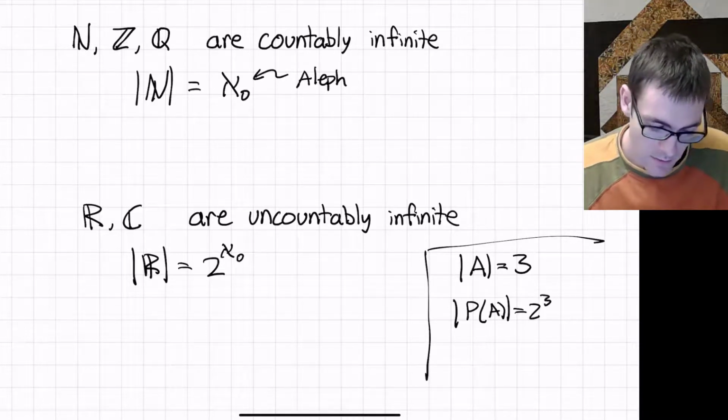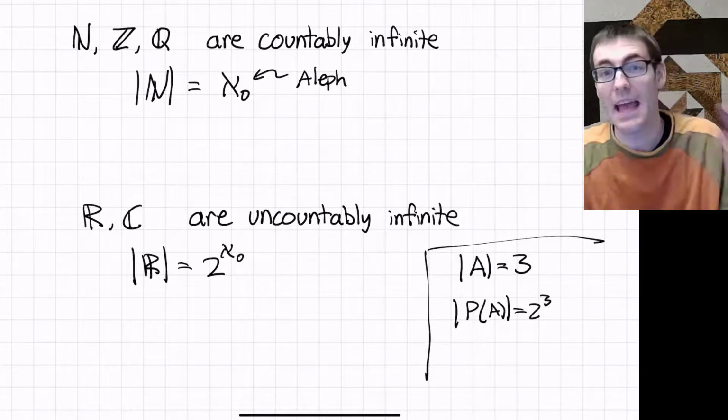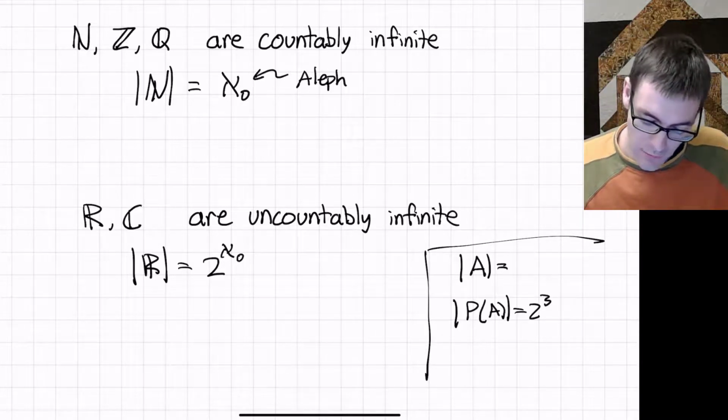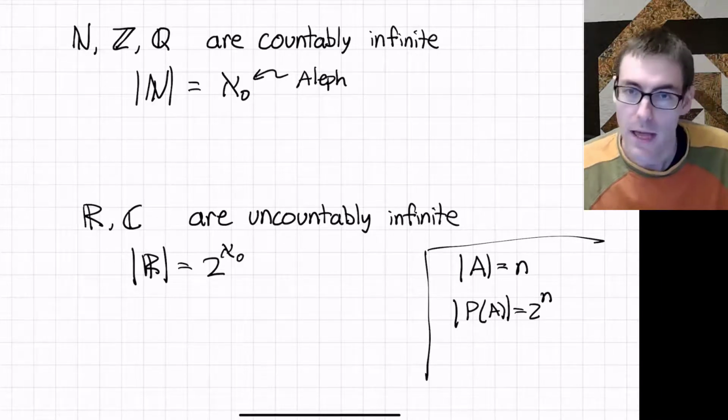So in this case, when we had 3 elements in a set, its power set had 8 elements. This 3 was an arbitrary choice. This could be any finite number n.